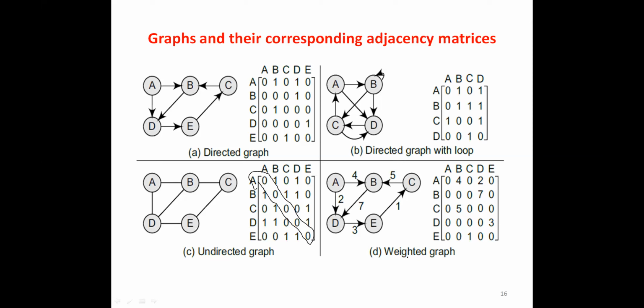Then the other one is the weighted graph. Previously we said that if it is connected, we take 1, unit length is 1. A default bit is 0.